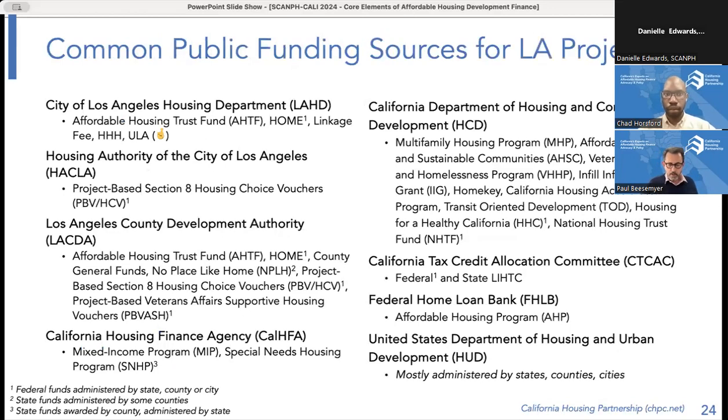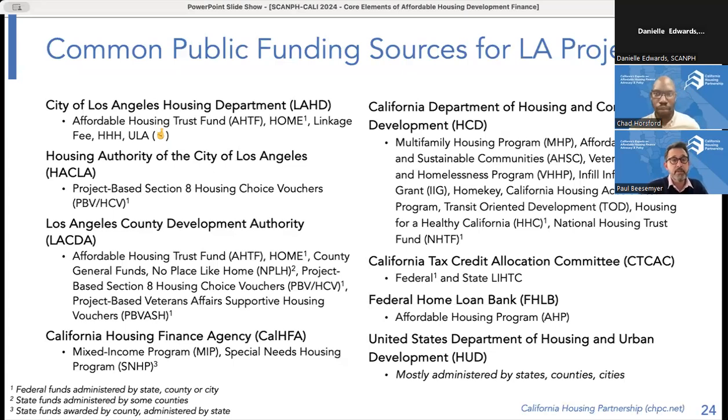And so I'm going to give you the greatest hits list of all the examples of types of things that are available, the sort of word salad of resources that are available if you're developing here in LA County, where Chad and I are located, or more broadly, elsewhere in California. I'm not going to spend time talking about these because that's 3 hours in and of itself, and we wouldn't do them all justice.